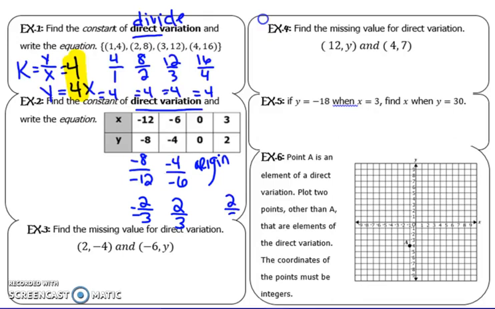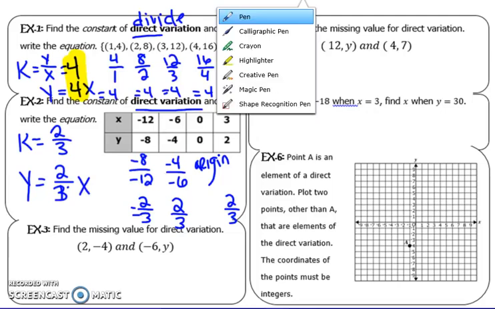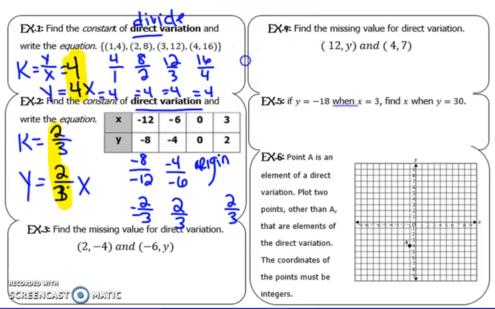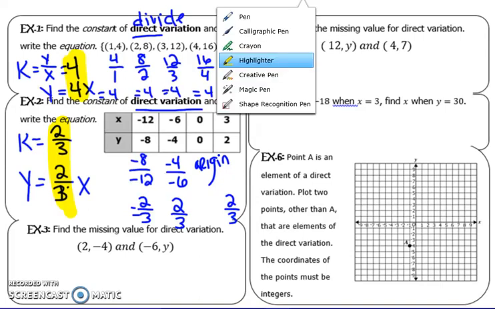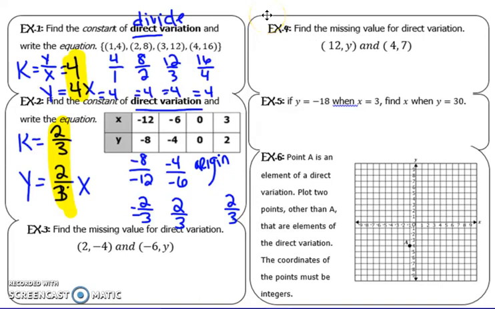And the last one is 2/3. So that means my constant of variation, or my k, is equal to 2/3. For my equation, I'm going to do k times x, which would be 2/3 x. Again, my k is just my slope, so it stays right with my x.